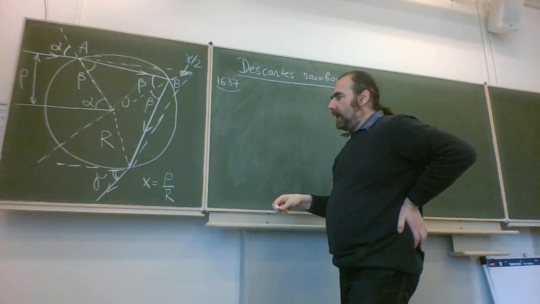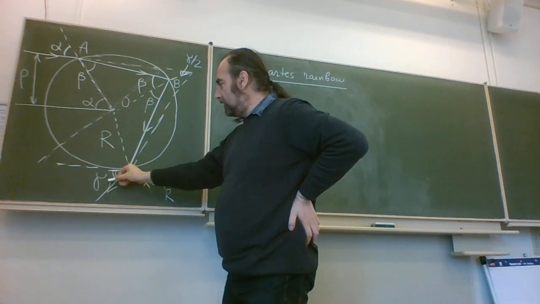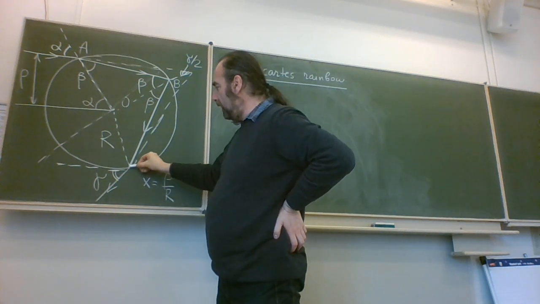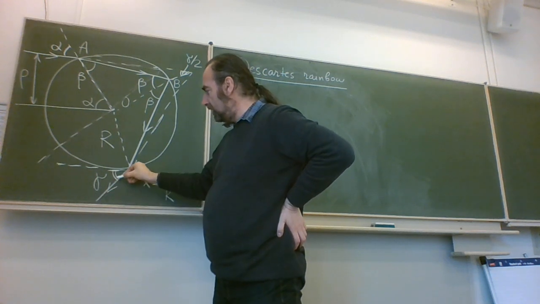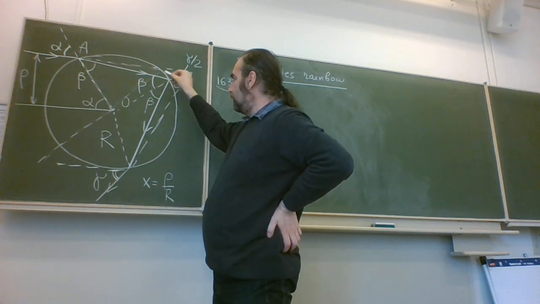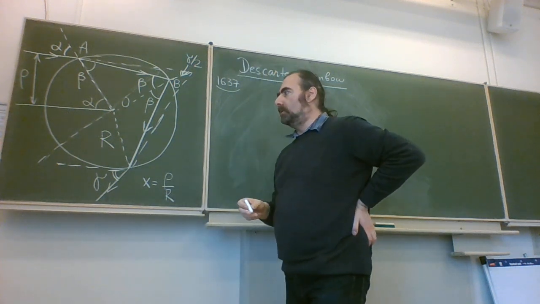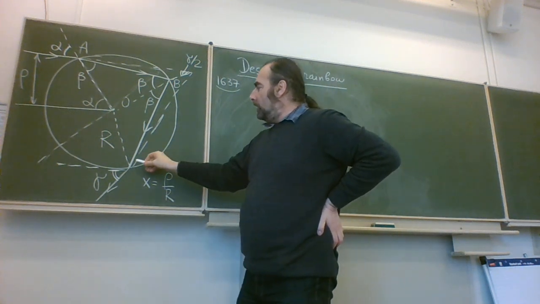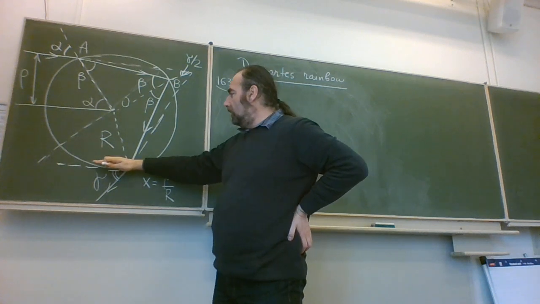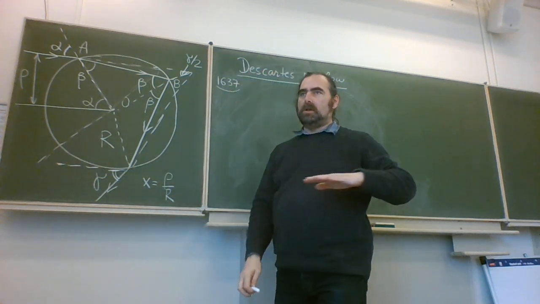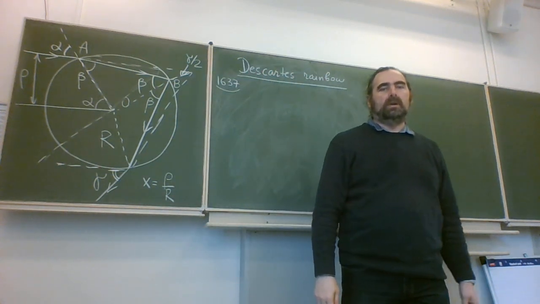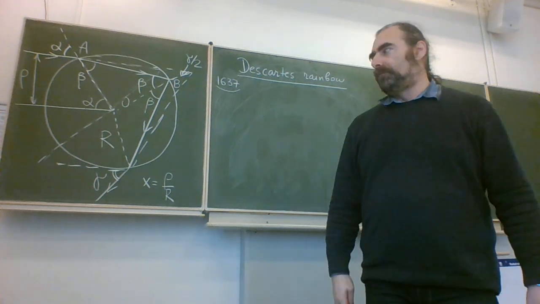Now the total angle at which it gets out, I call it gamma, is the angle between the direction of this ray, which was doubly refracted, so it's double refraction, and the horizontal line, which is horizontal because it's parallel to the surface of the Earth.